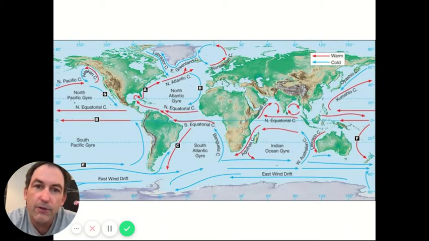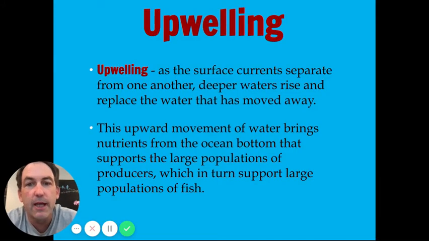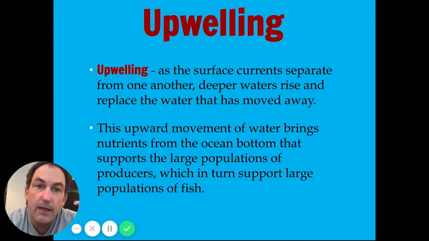Okay, so these gyres are also connected. They're not operating totally in isolation from each other, and we'll see that things like upwelling help connect these gyres. Upwelling is basically vertical motion within the water column.